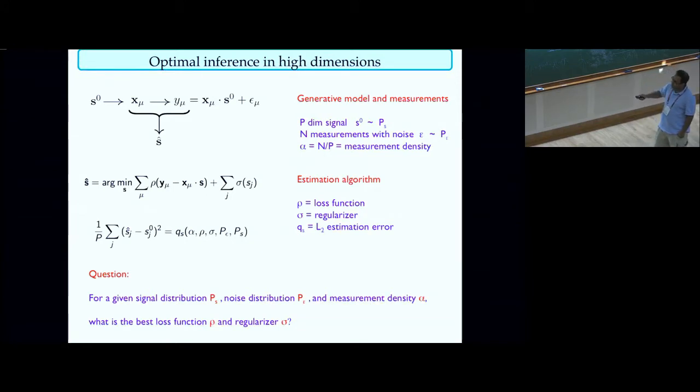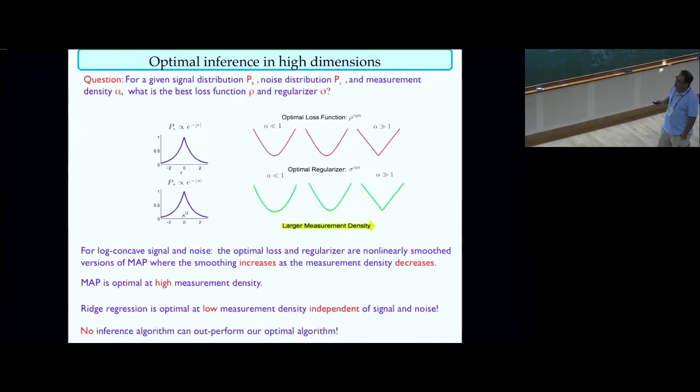We use the replica method to compute q sub s as a function of these parameters, and then we actually fix this and optimize q sub s over rho and sigma to find the best rho and sigma. So conceptually, it's a straightforward calculation, but technically it's about 20, 30 pages of calculation, which you can find in our paper. Okay, so what's the answer?